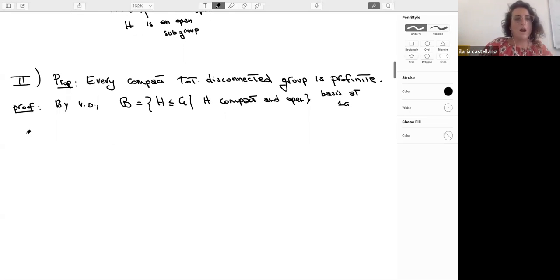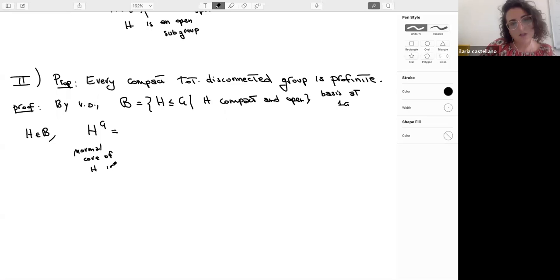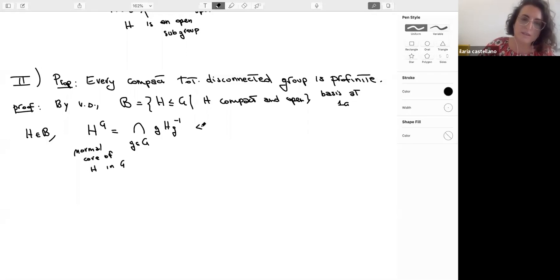Now, I just pick one element and I look at what is happening at the core. This is the normal core of H in G. This is nothing but the intersection over all elements g in G of g H g^{-1}, which is a normal subgroup in G.